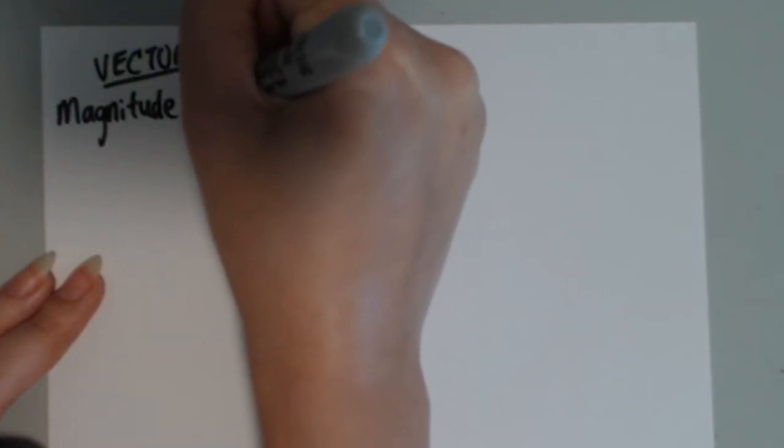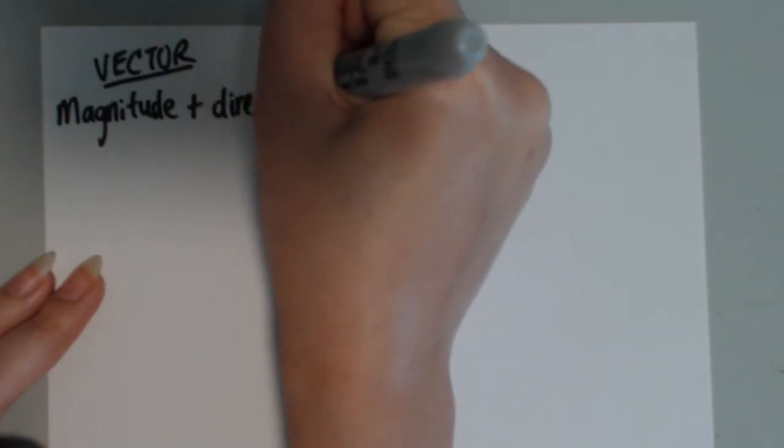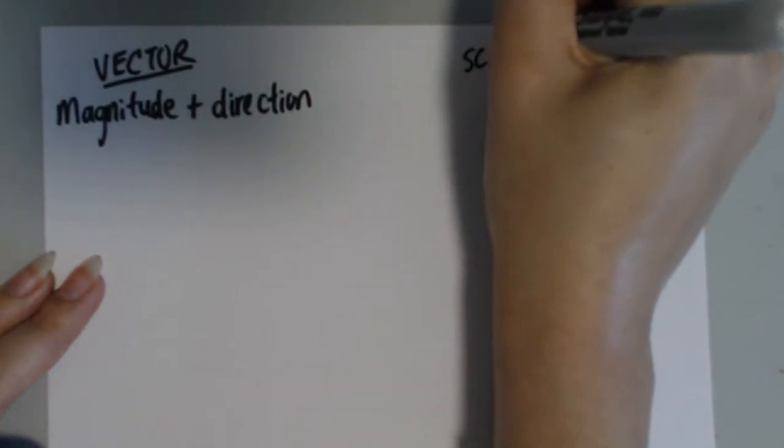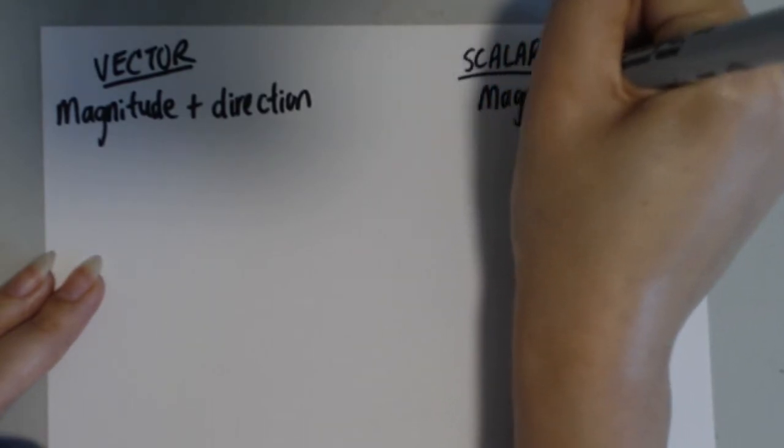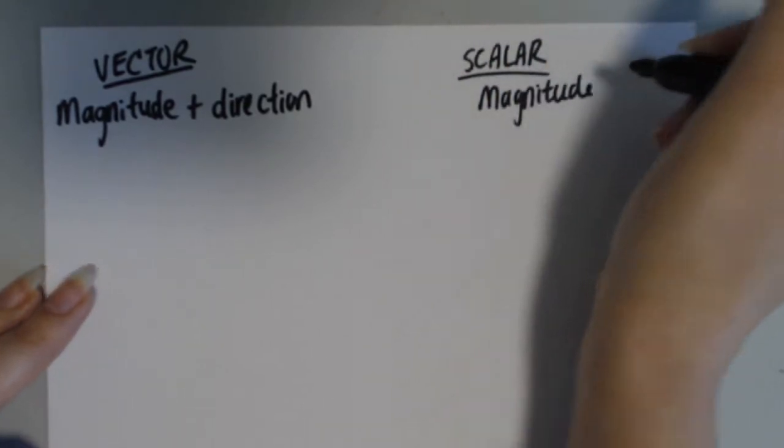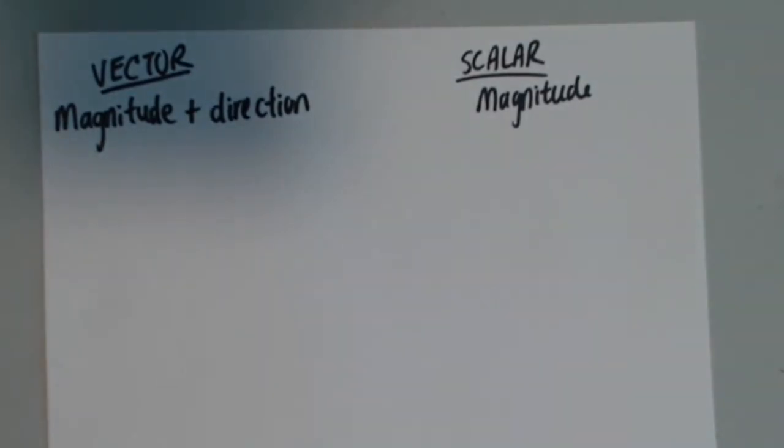A vector has magnitude plus direction, and a scalar is a quantity that just has magnitude. Now, there are some quantities that you can simply stick a direction on the end of and turn into a vector.